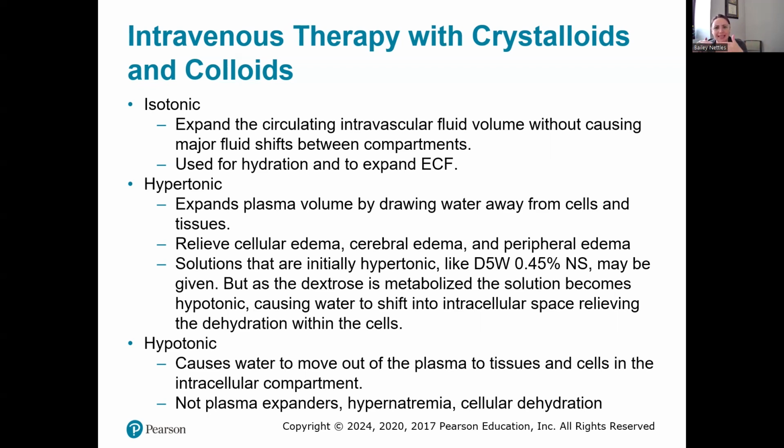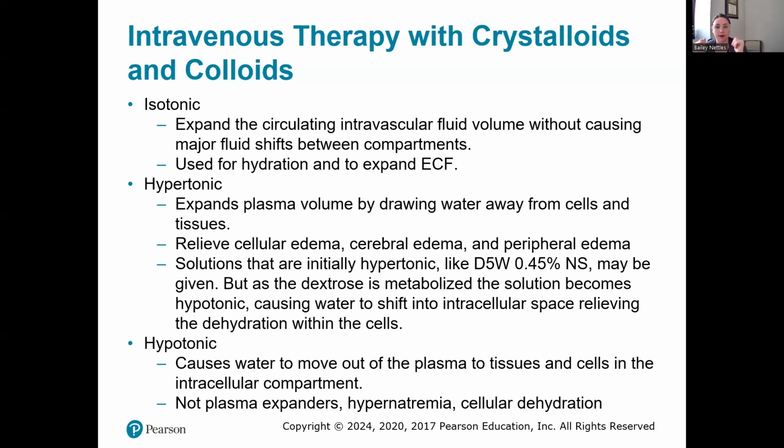A very interesting thing is that a lot of the D5 hypertonic solutions are hypertonic, but as the dextrose becomes metabolized, the solution actually becomes hypotonic, causing the water to shift into the intracellular space and relieving the dehydration within the cells. So let's say I had such bad peripheral edema or cerebral edema, all the extra fluid is outside in the interstitial space.